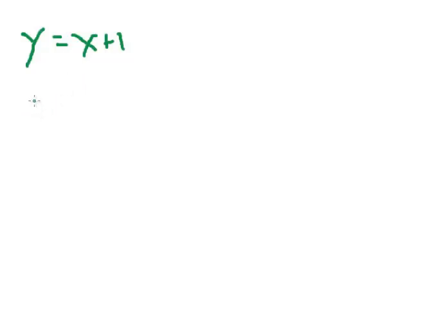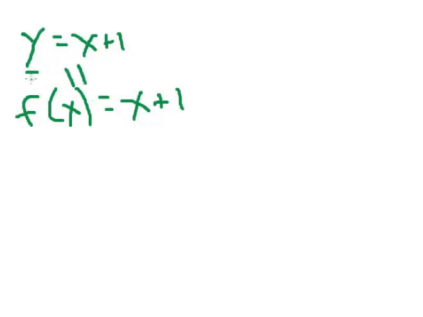Now this equation is written with 2 variables, x and y. When y is a function, it's also sometimes written like this: f of x equals x plus 1, which means a function of x. In this case, there's no difference between these terms. y is a function of x, and f of x is a function of x.